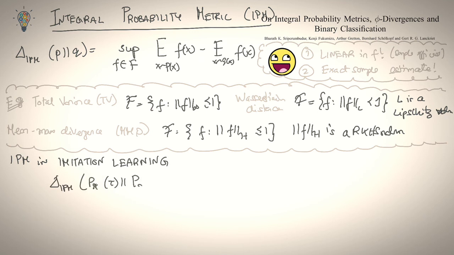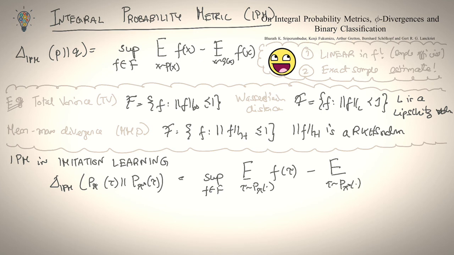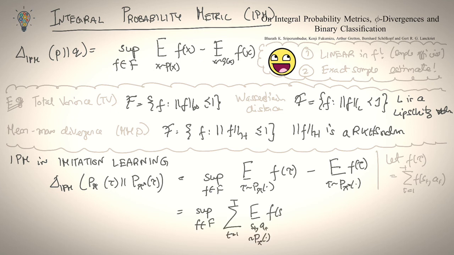And IPMs in imitation learning have this really natural connection. So you can think of an IPM as, again, pick the maximum function in your moment class and then measure the expectation of this function on the learner distribution minus the expectation of the function on the expert distribution. And moreover, this function is a sum over one-step function evaluations.